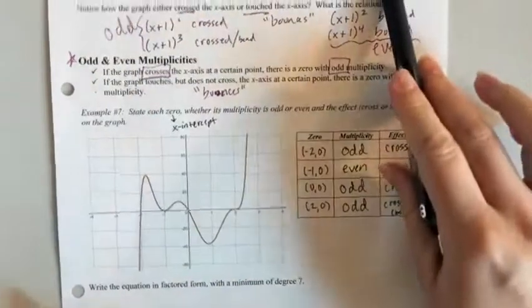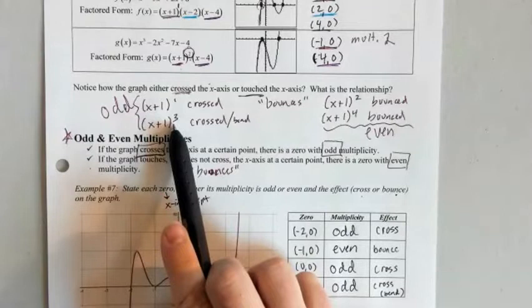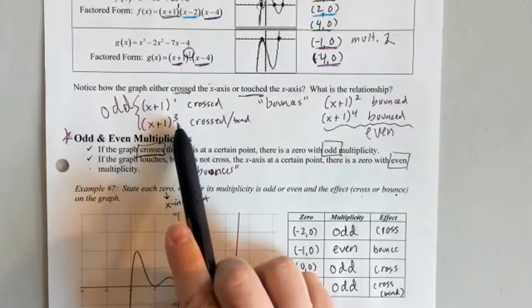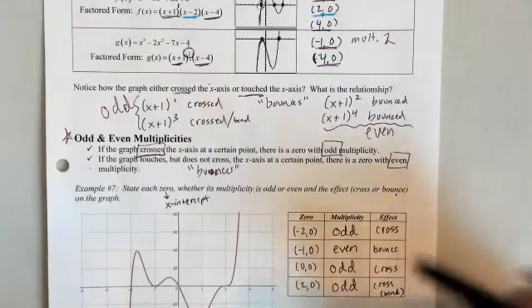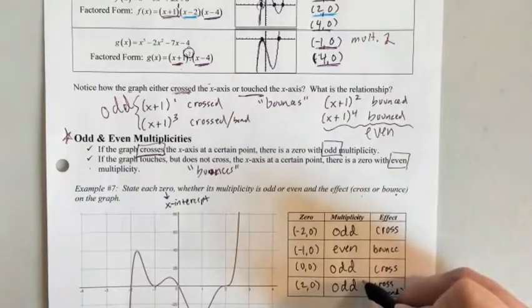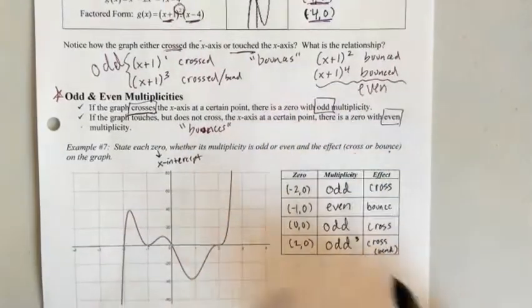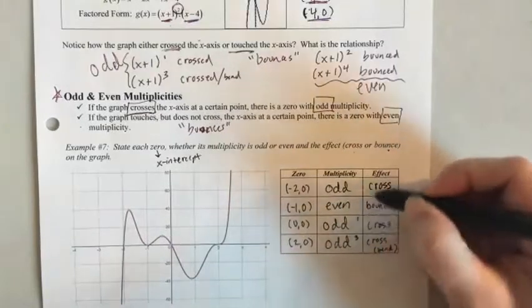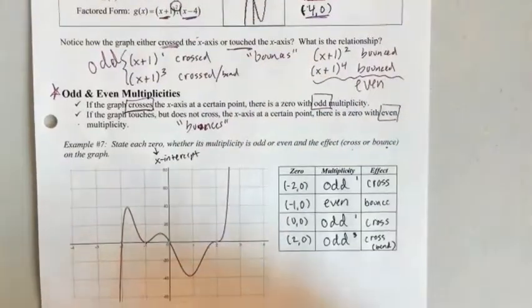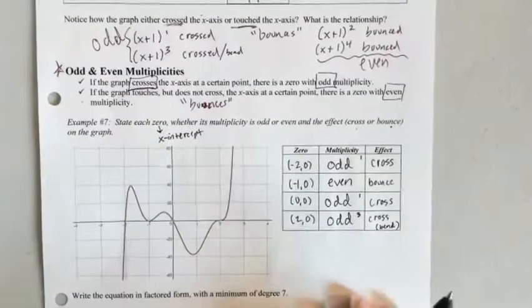Well, remember in our earlier exploration, we said when something had a multiplicity higher than 1, like 3, 5, 7, etc., that's where we see a cross with a bend. So that means that this one probably has a multiplicity of 3 or 5 or something of a higher exponent, whereas these probably were just odd with a multiplicity of 1, since it just normally crossed on through.